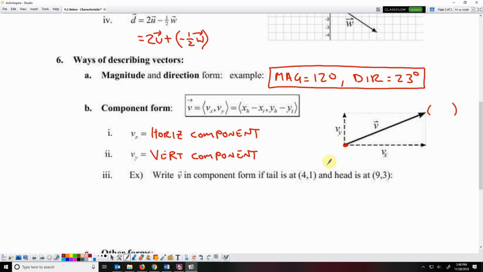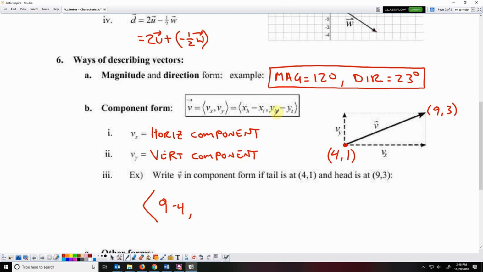So if its initial point, the tail, is 4, 1, and the head is at 9, 3, we can find the component form by doing the head minus the tail, so the x from the head minus the x from the tail. So that would be 9 minus 4.